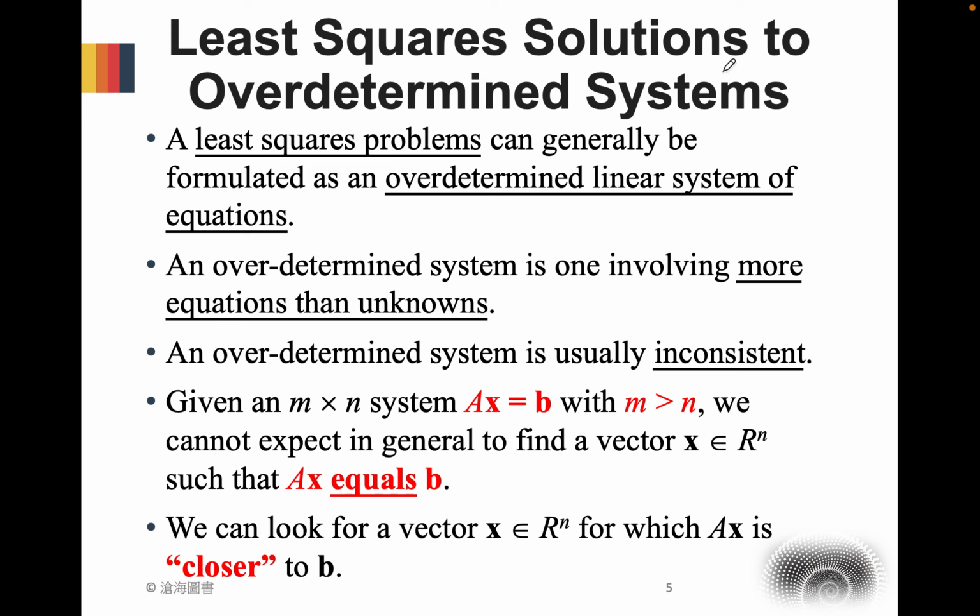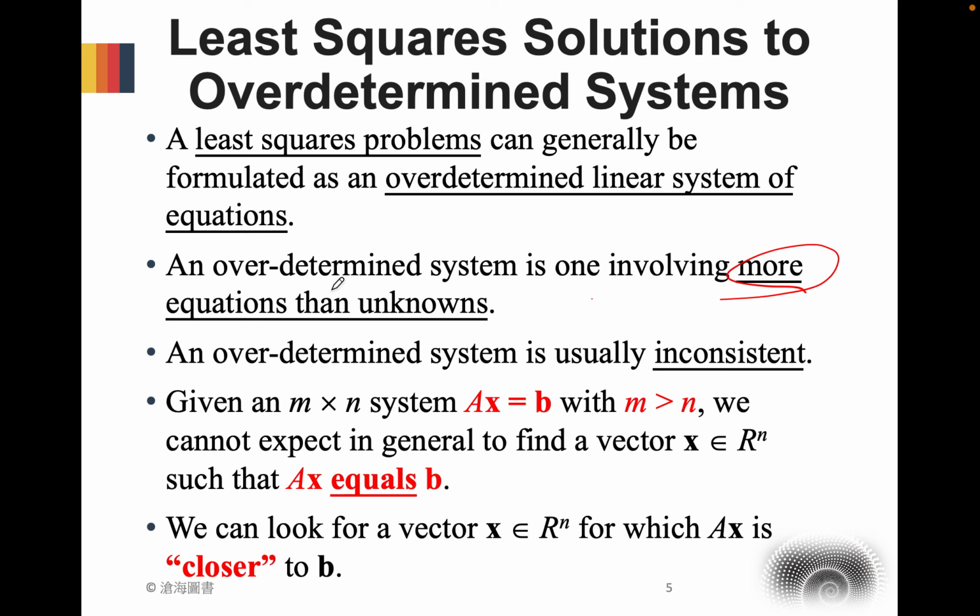A least squares solution to an overdetermined system. An overdetermined linear system means that we have more equations than unknowns. And as we said before, one equation means one constraint.